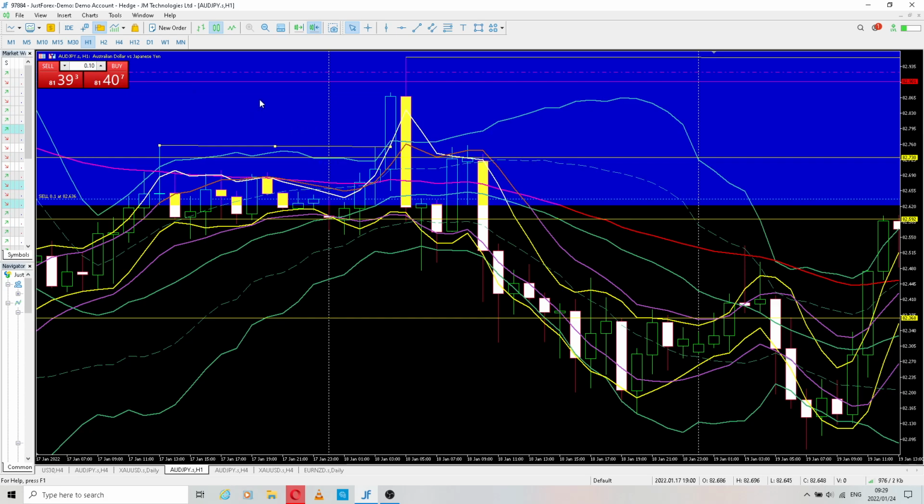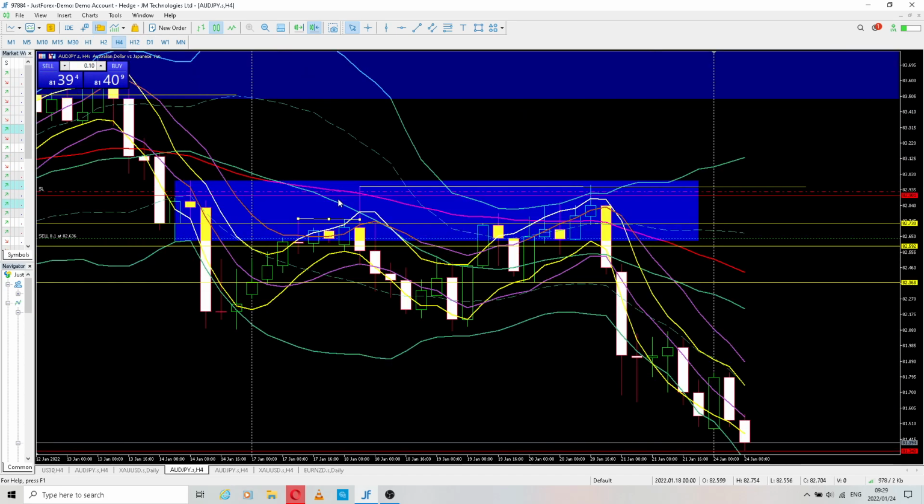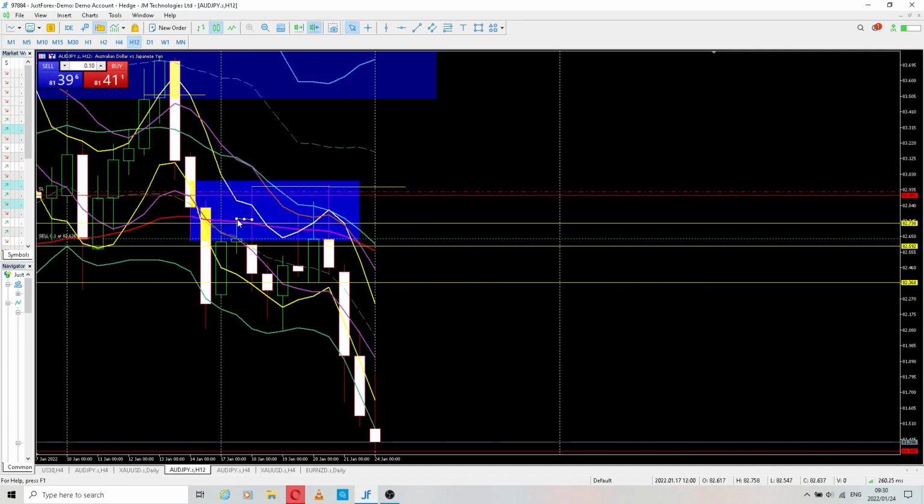So at the same time, guys, as you can see on 4 hours, no, it was not 4 hours, it was 12 hours. As you can see on 12 hours, guys, what was happening? A re-entry. So this told us that this area there is an important area, guys.